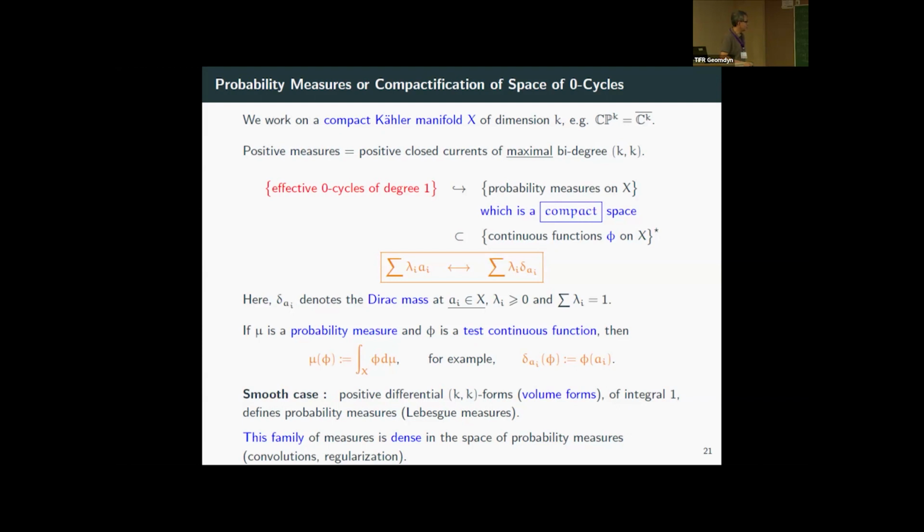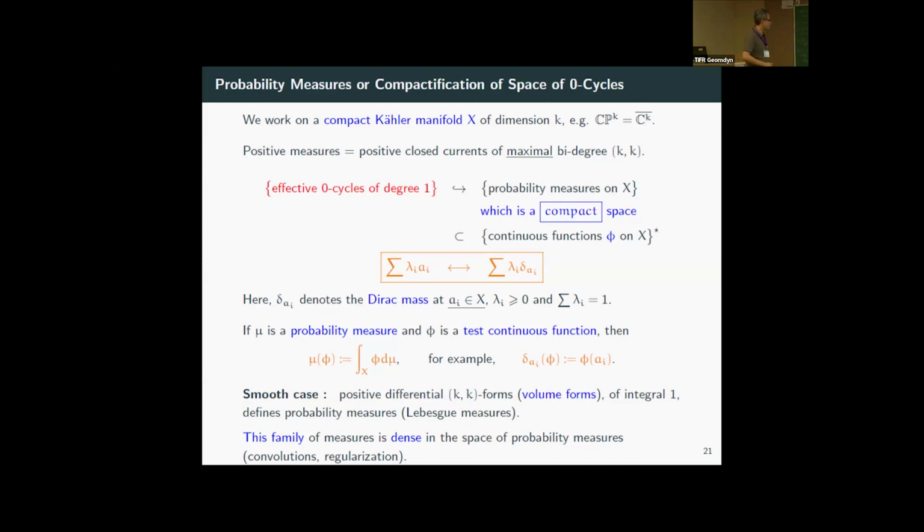So you have this formal finite combination of points with positive real coefficients. We have a correspondence between this and the probability measure, which is the sum of lambda_i times the Dirac mass at a_i. So this is a correspondence between effective 0-cycles of degree 1 and probability measures. This probability measure has only a finite number of atoms.